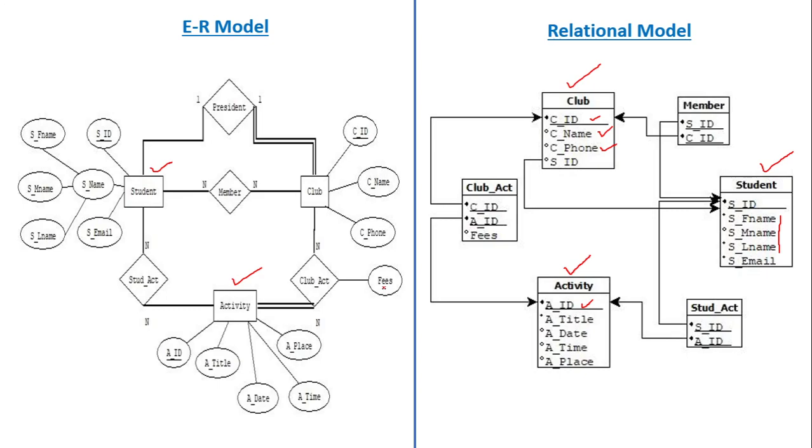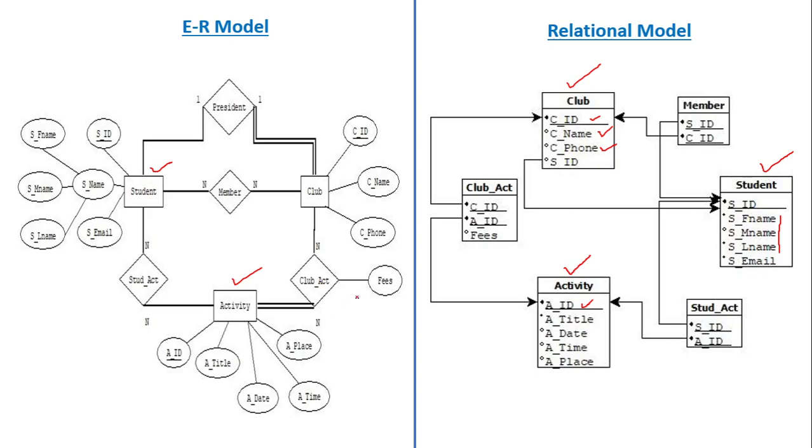Now let us look at all the relationship sets in our ER model. So we are having member, which is n by n, a many to many relationship set; stud act, which is also a many to many relationship set; and club act, which is also a many to many relationship set.